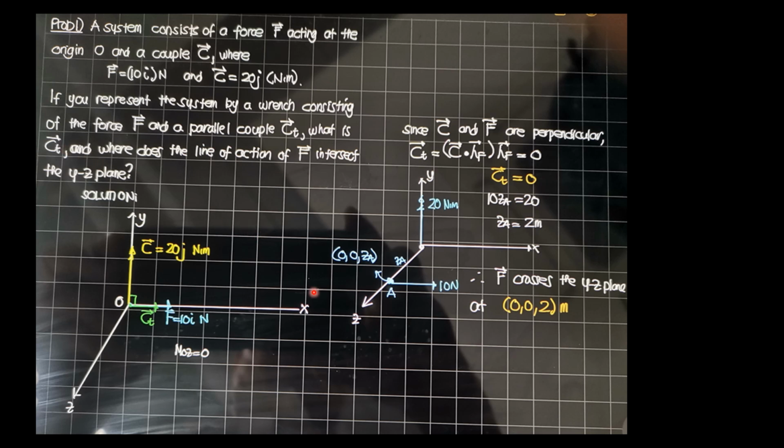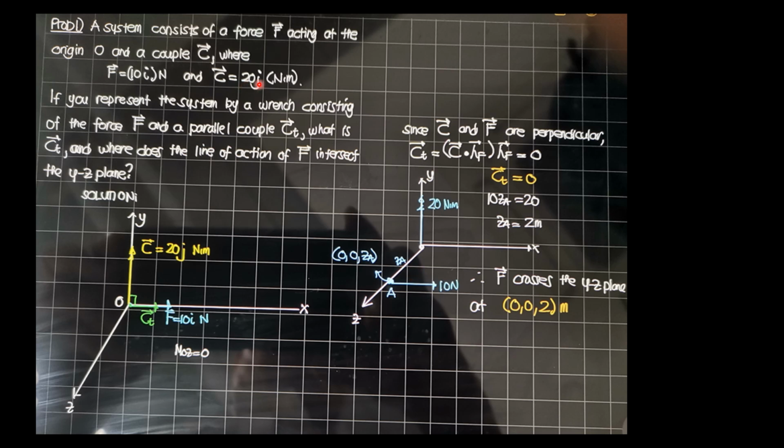Then, because the resultant couple is 20j, so positive 20j, the force, which is 10 newtons, should be acting on the z-axis, and y should be 0 because there's no moment about the z-axis based on this resultant couple, which is purely 20j.